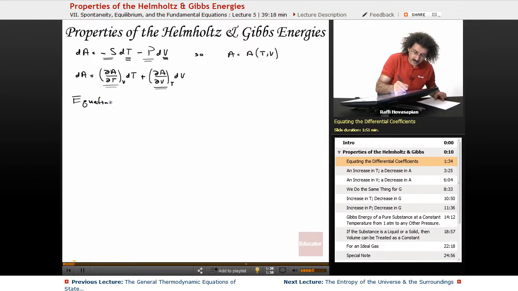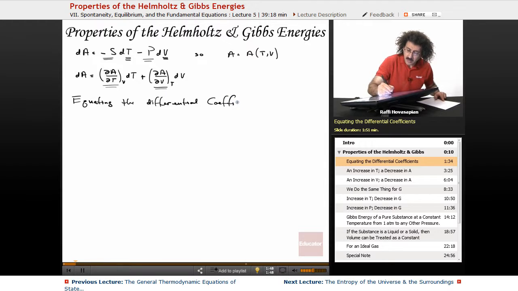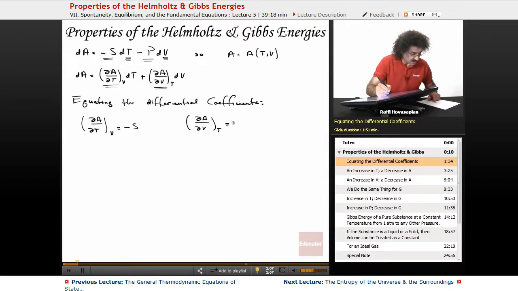Equating the differential coefficients, we get the partial of A with respect to T, holding V constant, equals minus S, and the partial of A with respect to V, holding T constant, equals minus P. Basically what this says is that for every unit change in temperature, the change in the Helmholtz energy of that system is going to equal the negative of the entropy.